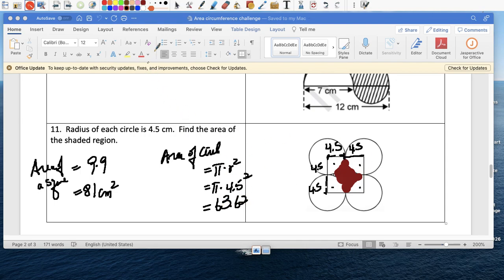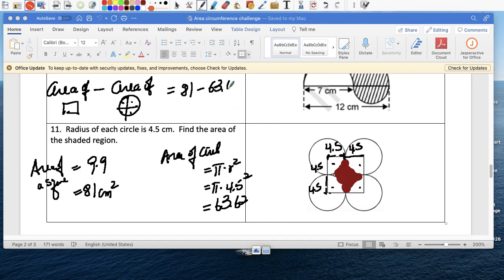So the answer to our problem is the area of the square minus the area of the circle, the 4 parts that make up the circle. So we get 81 minus 63.62, and that gives us the final answer, 17.38.